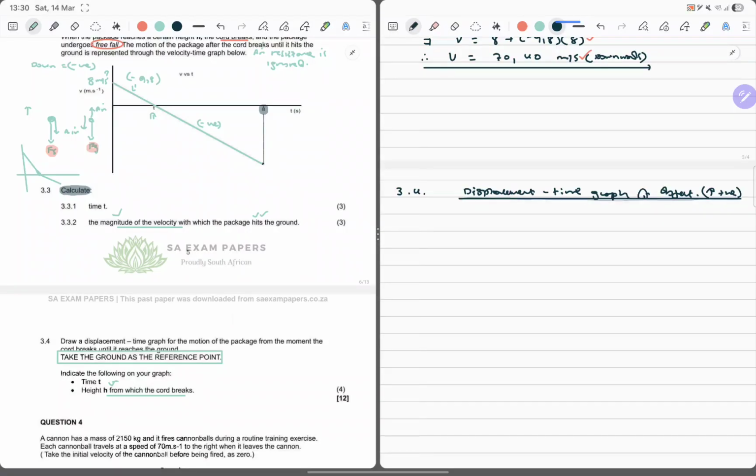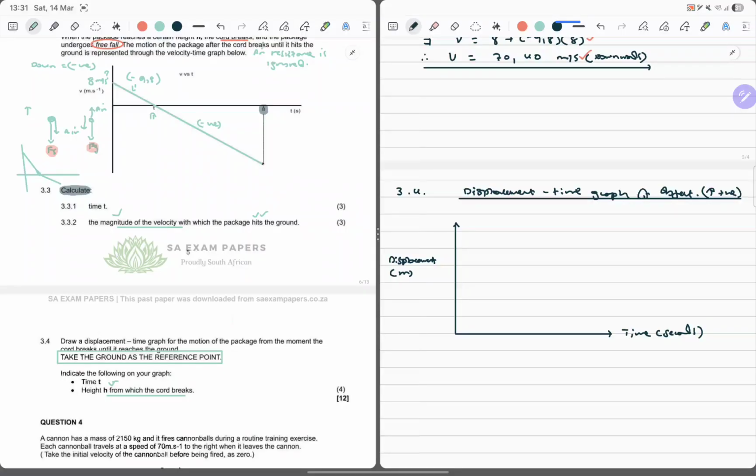It's very important to do that. And of course, we're going to have axes. But remember, the baseline is the ground, so we're not going to have the negative axis. So this is position, or displacement, in meters. This is going to be time in seconds.